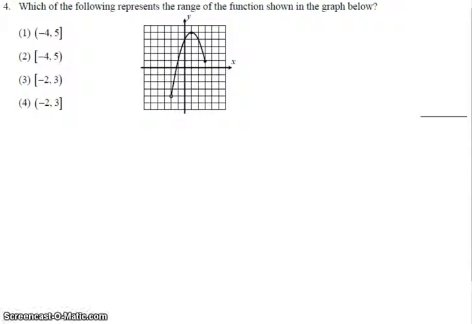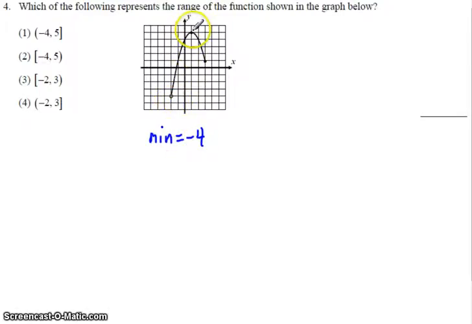Alright, so number 4 says, which of the following represents the range of the function shown in the graph below? And we're given this graph, and the range is always the minimum to the maximum. Well, the minimum of this function, and remember with minimums and maximums we're always talking y values, is -4. The max, well, it doesn't quite get to -4, but really that's what we're going to be thinking.